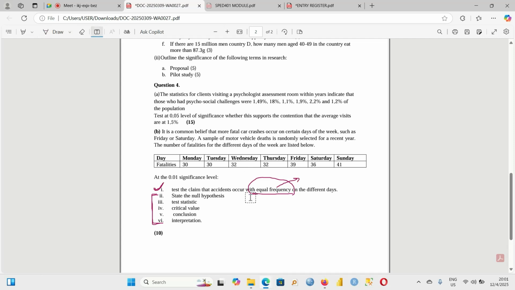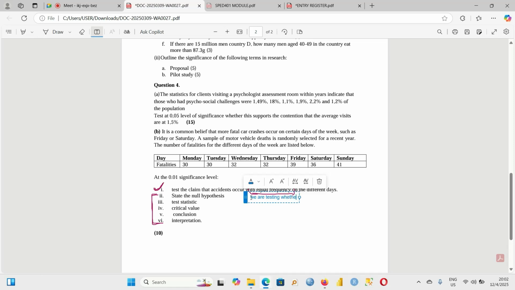When we say test the claim that the accidents occur with equal frequency, it's like we are testing whether the given data is uniformly distributed.